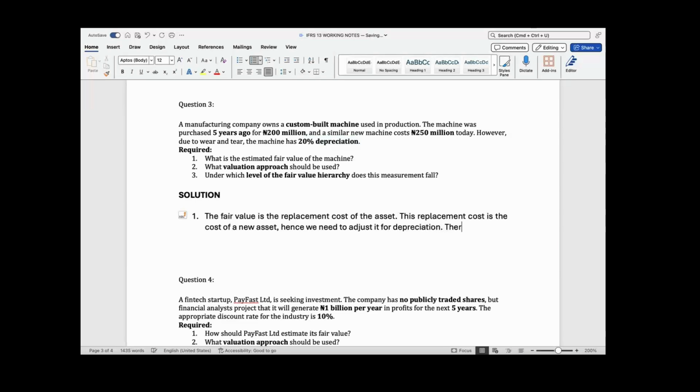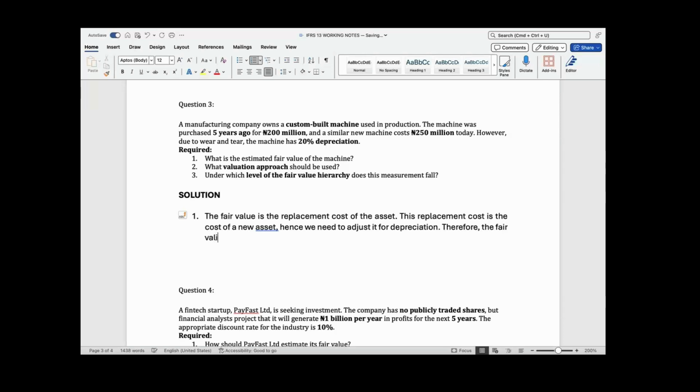Therefore, the fair value of the assets is, then if we are good with maths, it's simply going to be 80% of 250 million. If you quite get that. If you don't get that, if you do 20% of 250 million, that gives you the depreciation, then you take that away from 250 million. Okay?